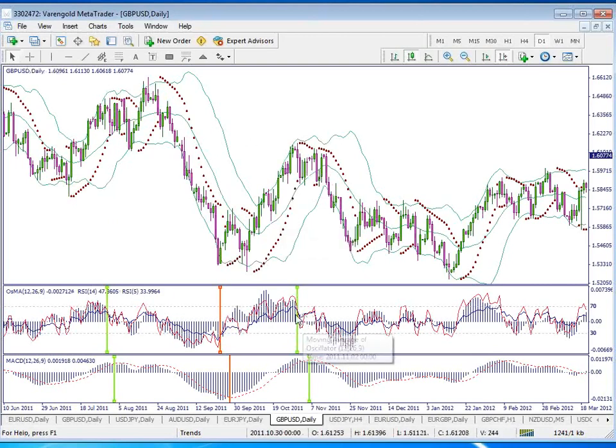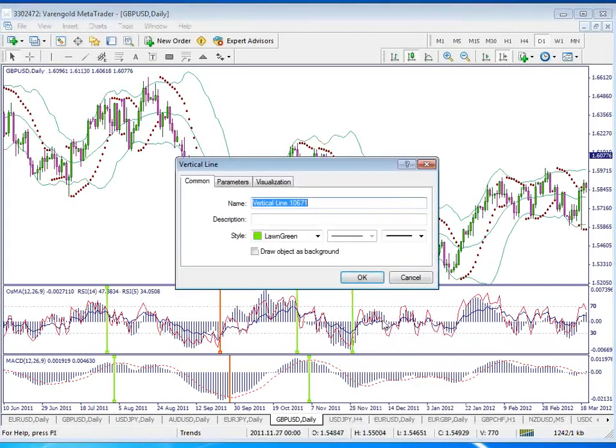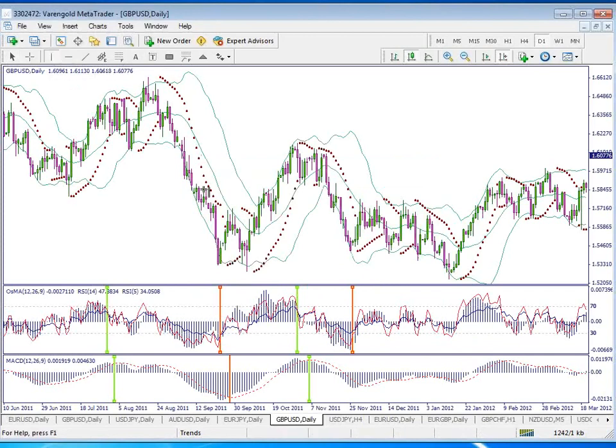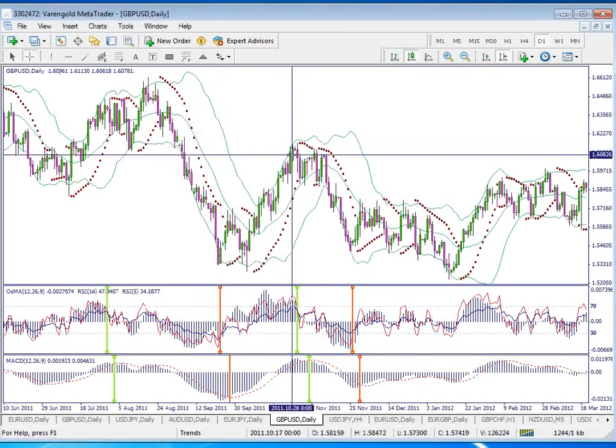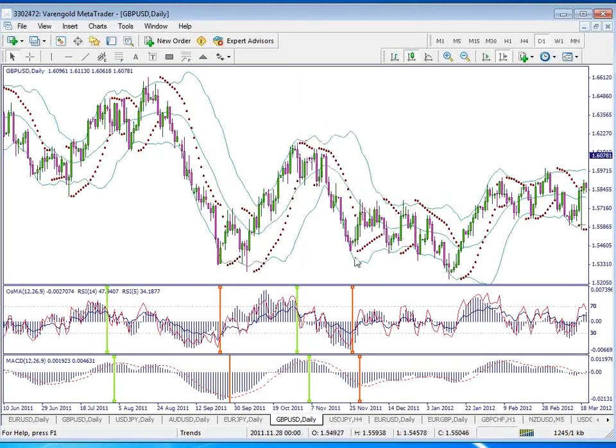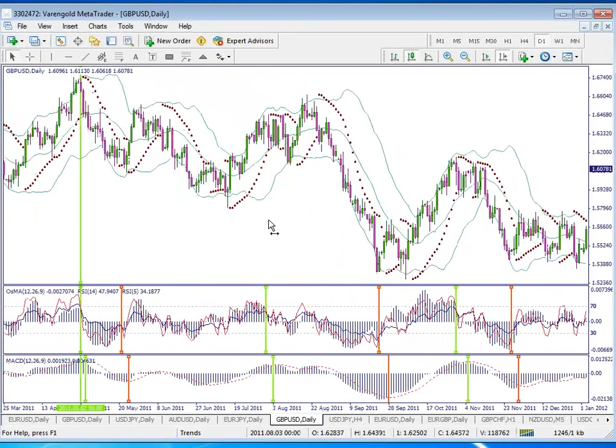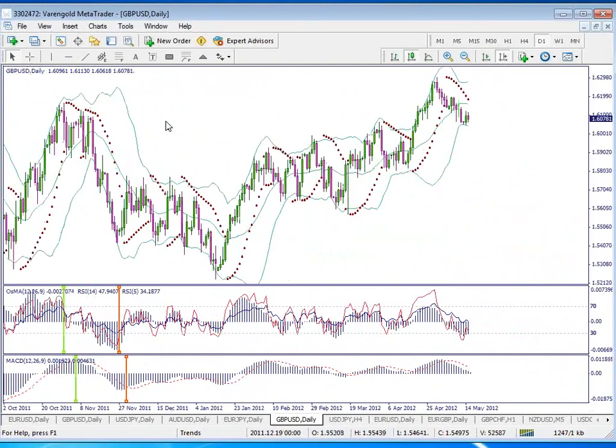So for the last signal, also until I have the opposite signal here, this should be in red. Here also I have to stay for about 20 days. So it's a different rhythm of the charts when you are on a bigger time frame.